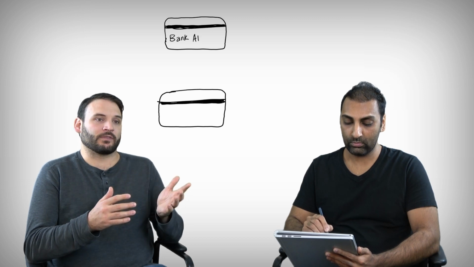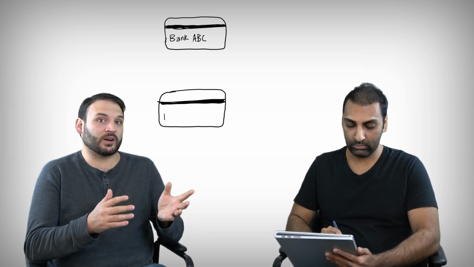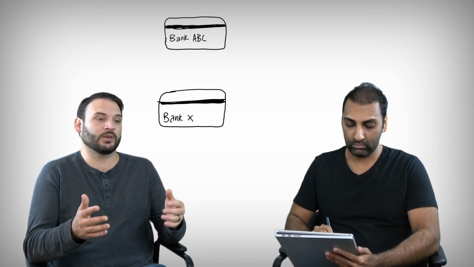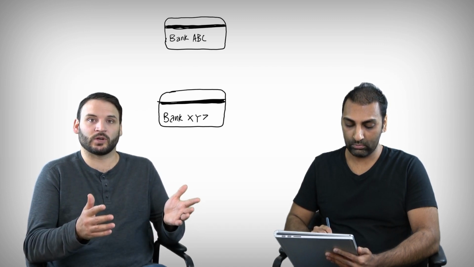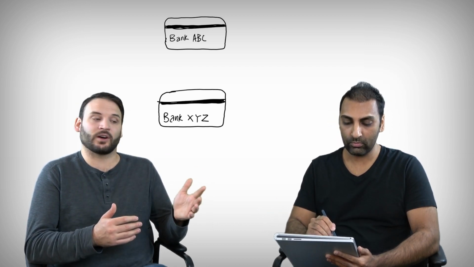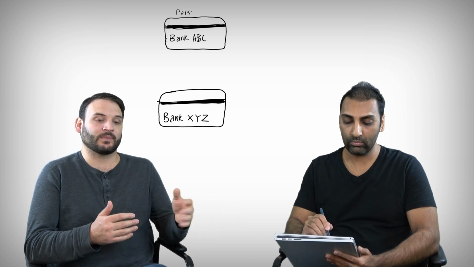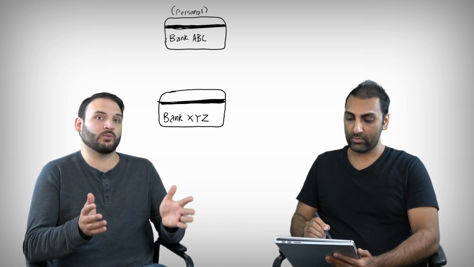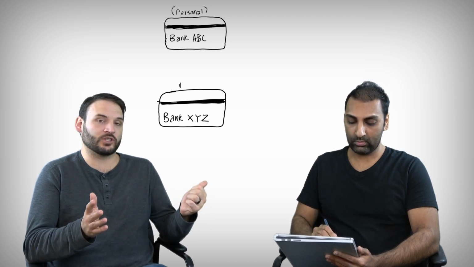You could take cash off of a personal card or a business card and then transfer to a business card, but for the purposes of this example, we're going to be assuming the cash is going to be coming off of a personal credit card. So grab the first card, Bank ABC, and then initiate a cash advance. Remember, there's a few ways you can initiate a cash advance from watching the previous video.